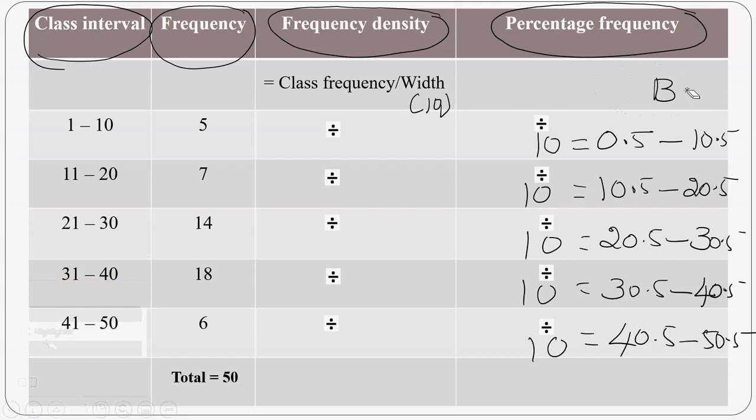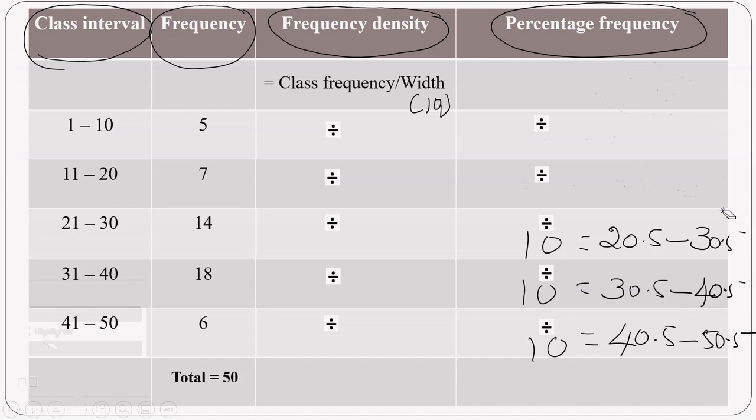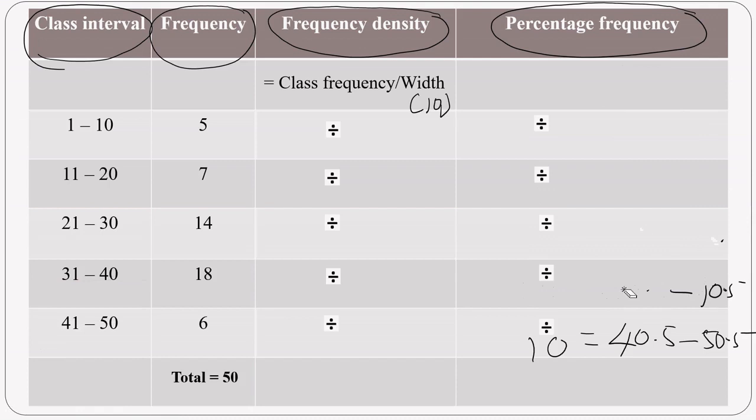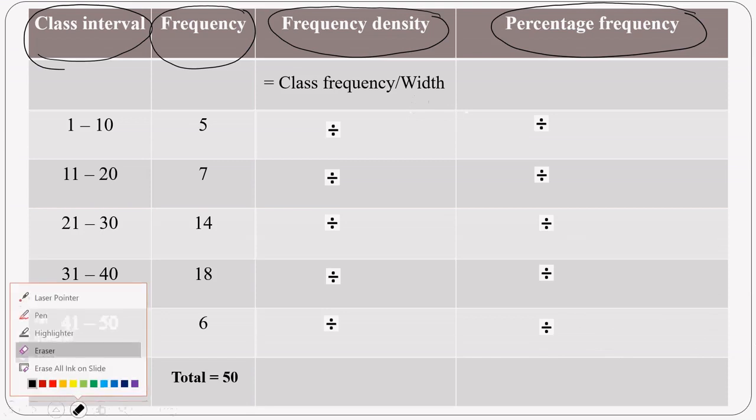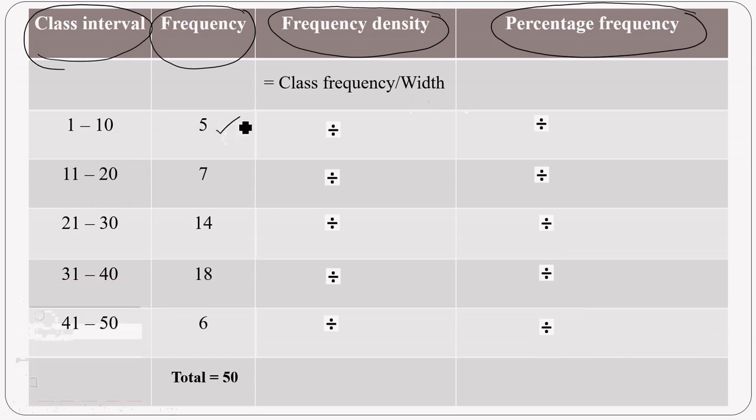So let me erase this example. Now let me do the problem for you. After this, it is very simple and easy to calculate the frequency density as well as the percentage frequency. Now class frequency, as we know, it is 5, the first case.